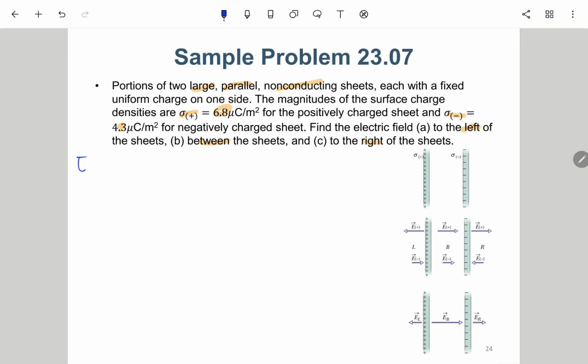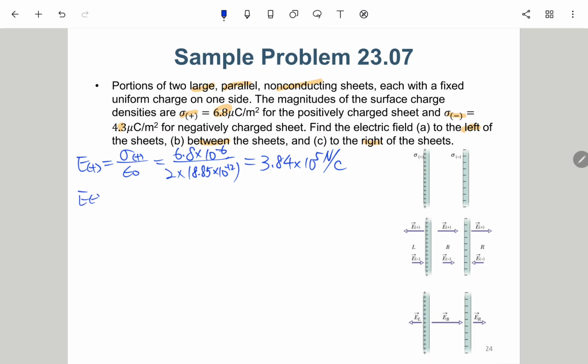First we calculate E plus, generated by the positive plate, which is sigma plus over 2 epsilon naught. That is 6.8 times 10 to the negative 6 over 2 times 8.85 times 10 to the negative 12, which is 3.84 times 10 to the 5th newton per coulomb.